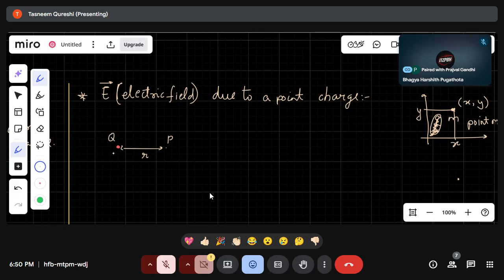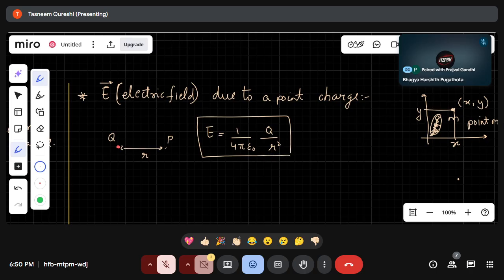This red dot is a point charge and you want to find the electric field here at point P. So you will just write electric field at point P is equal to 1 by 4 pi epsilon 0 times the charge's value, which is q, divided by distance square. So this is the value of electric field due to this point charge.